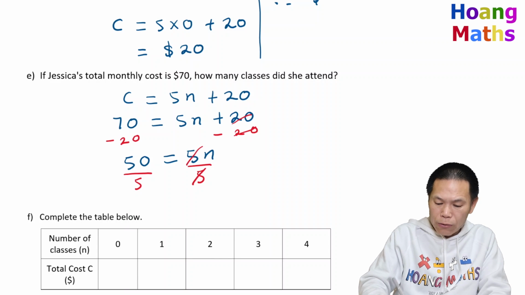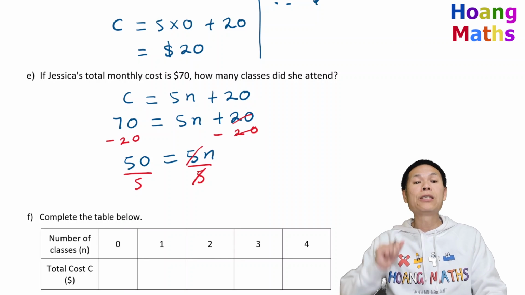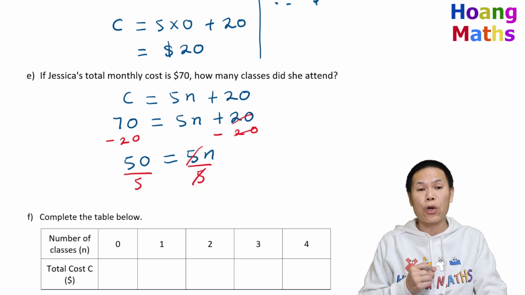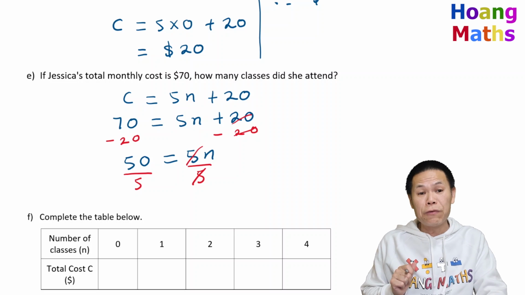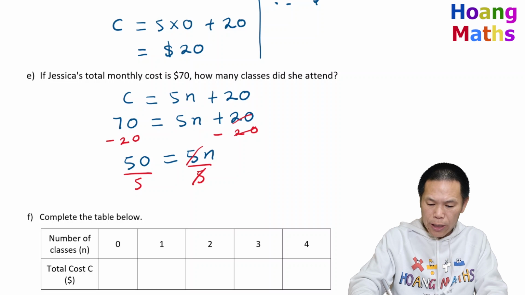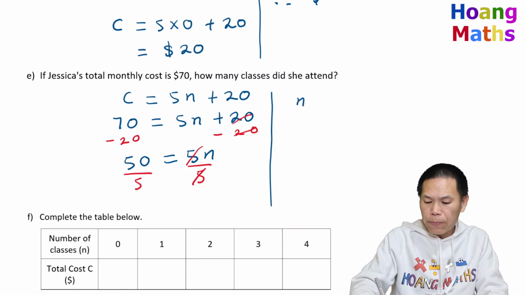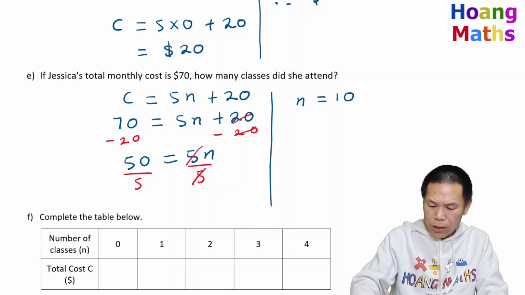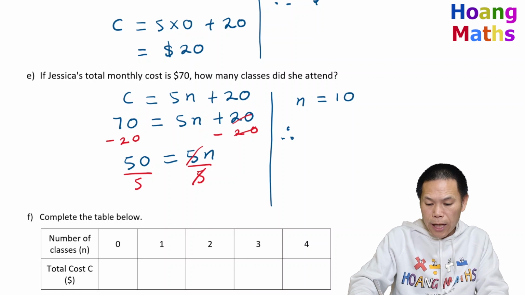So they cancel out. And 50 divided by 5, otherwise, we know that 50 divided by 5 is 10. So that is n is 10. So therefore, Jessica attended 10 classes. So just write 10 classes will do.